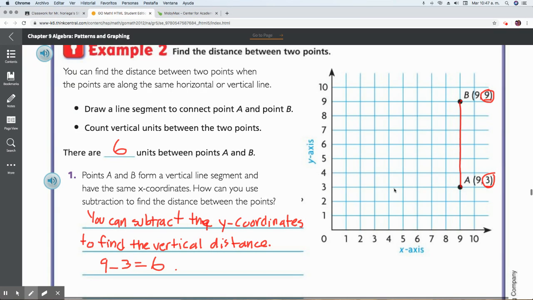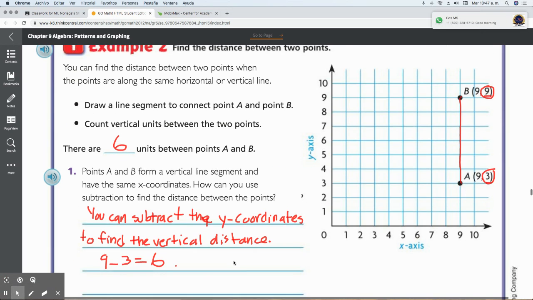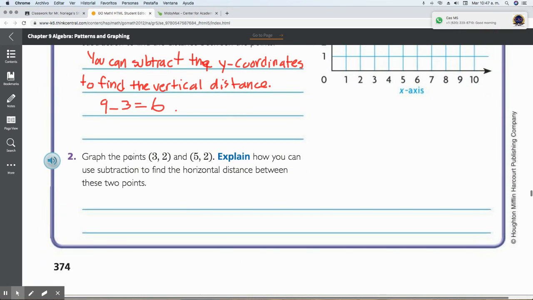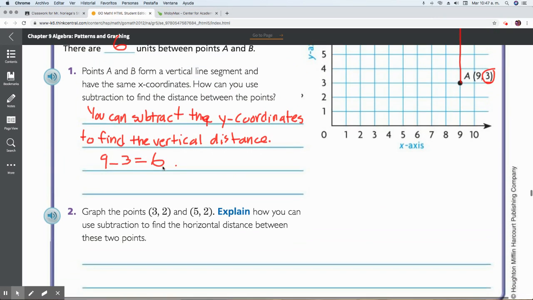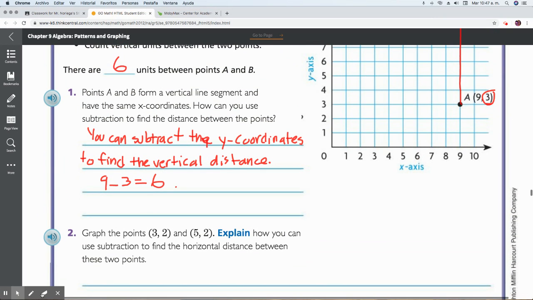All right. Next, graph the points (3, 2) and (5, 2). Explain how you can use subtraction to find the horizontal distance between these 2 points. So the first thing that we're going to do is graph the points, (3, 2) and (5, 2).